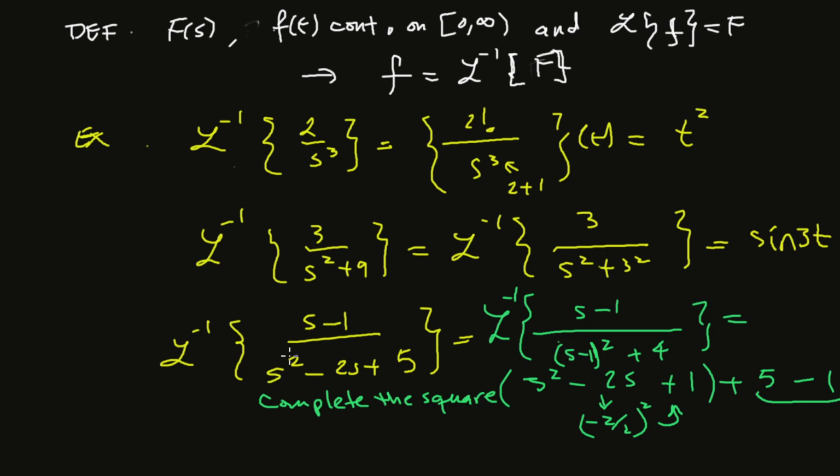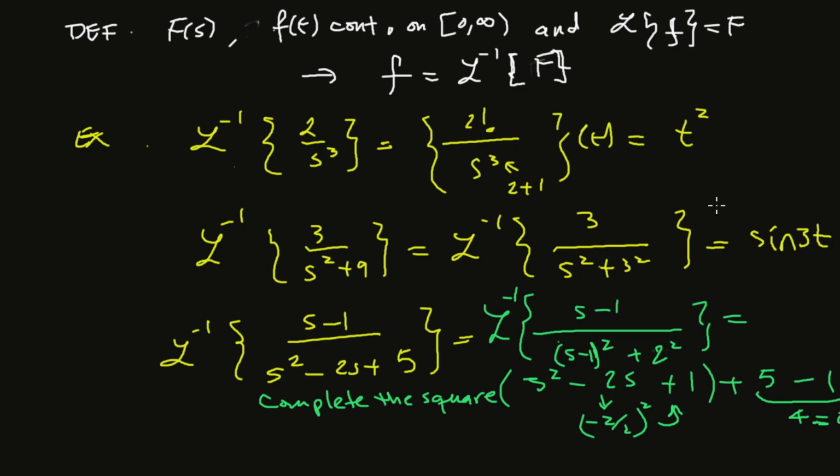So we changed this standard form to something that involved a square, so we can see what it is. And the 4 also, we can change it back to 2 squared. So this is a 4, which is a 2 squared.